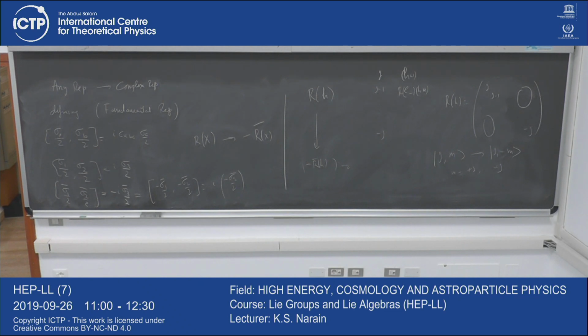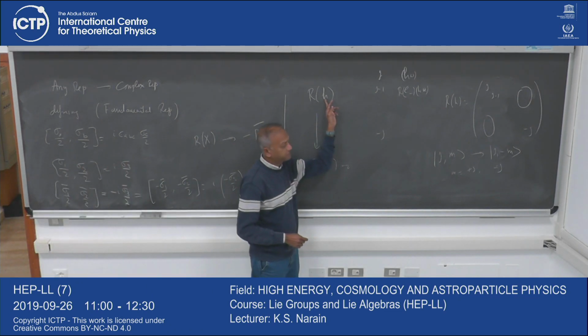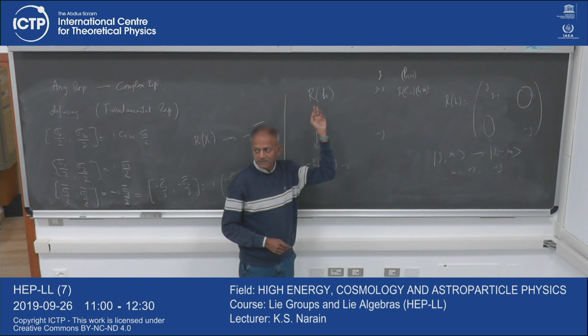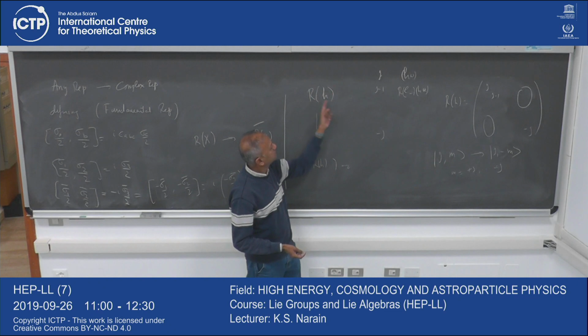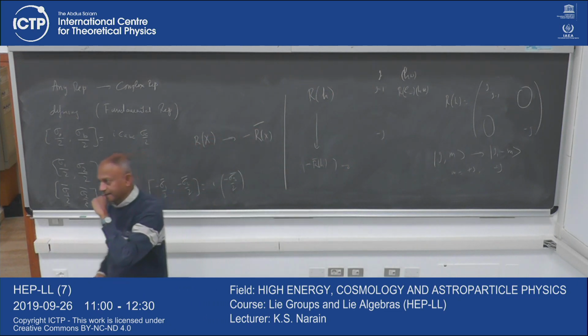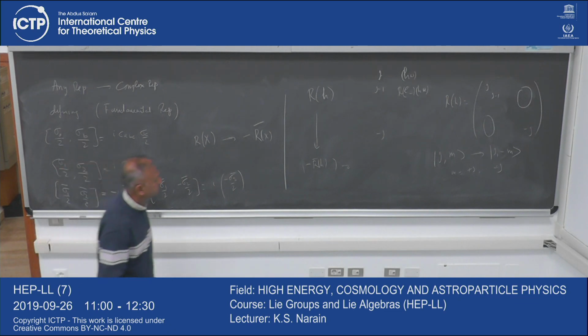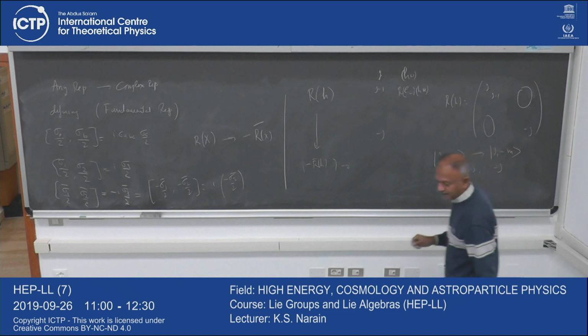Here I've chosen just such a basis, because remember, H itself was Hermitian; we just chose it to be sigma 3 by 2. So this was the statement.